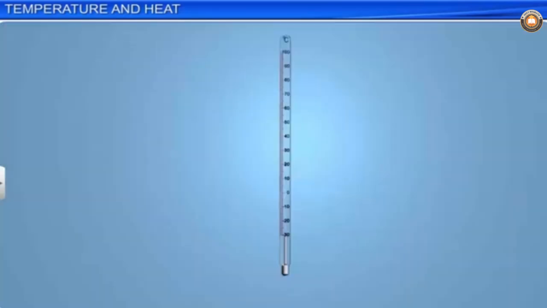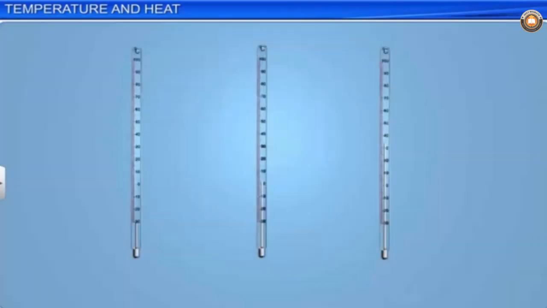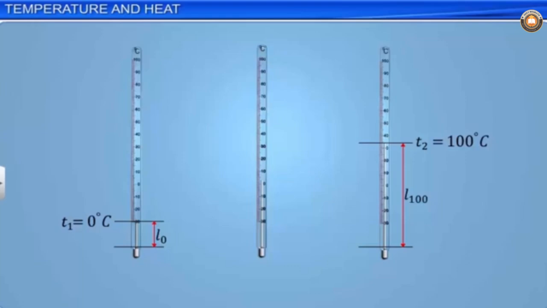For a Celsius mercury thermometer, if the lengths of the mercury columns are L0 and L100, corresponding to two reference temperatures, T1 is equal to 0 degrees Celsius and T2 is equal to 100 degrees Celsius.